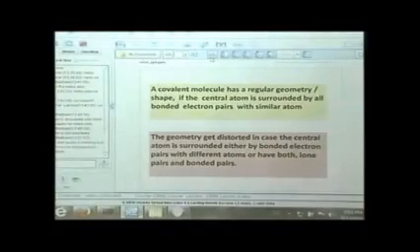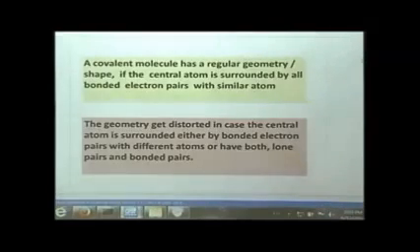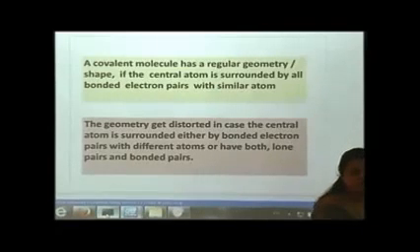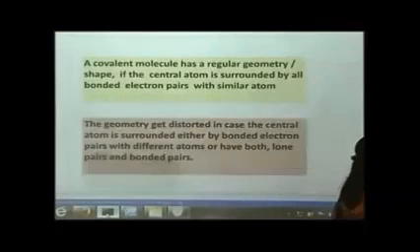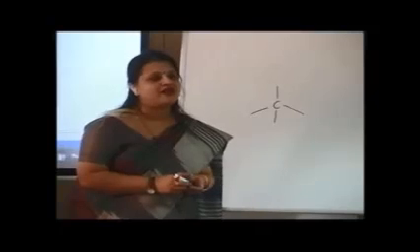Now this is a very important point which we should always remember: a covalent molecule will have a regular shape or geometry only when it is surrounded by bonded electron pairs with similar atoms. Say for example, we have talked about a case where the coordination number was 4 and the geometry was tetrahedral.